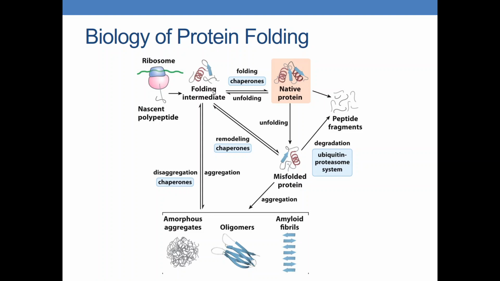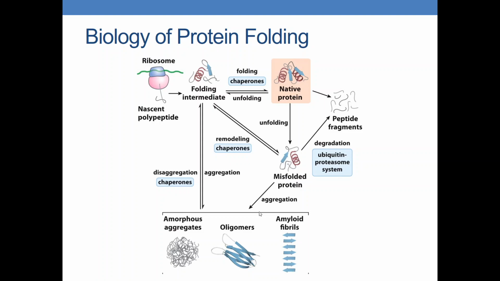In some cases, folding intermediates do not aggregate, but can instead, remember, the folding intermediate is sampling different conformations that differ in overall free energy, hopefully towards the goal of moving down in free energy towards the lowest energy state associated with your native protein. In some cases, you can sort of get stuck in these locally stable conformations that are considered to be misfolded.